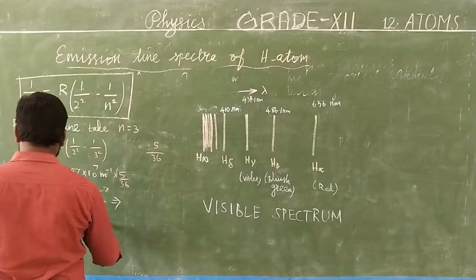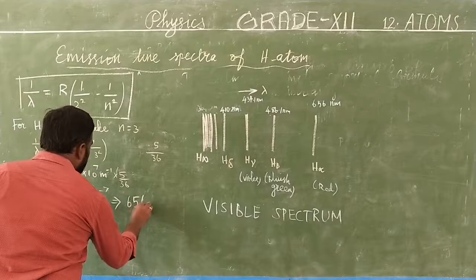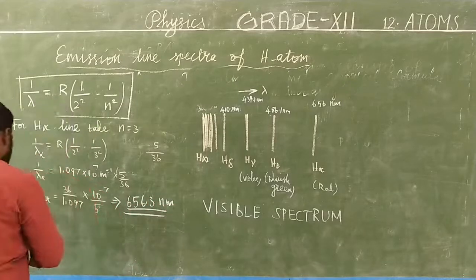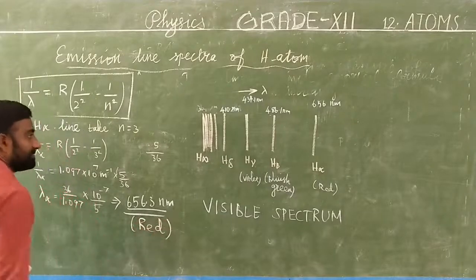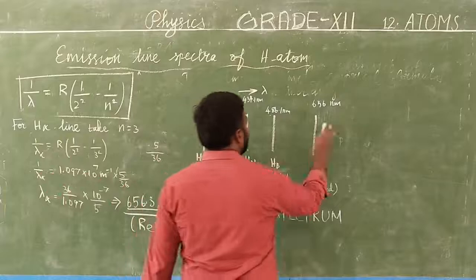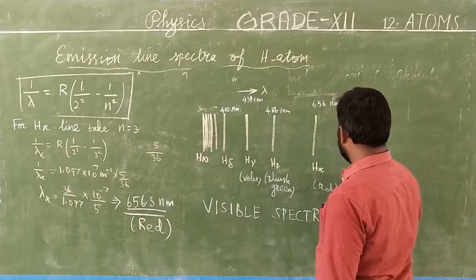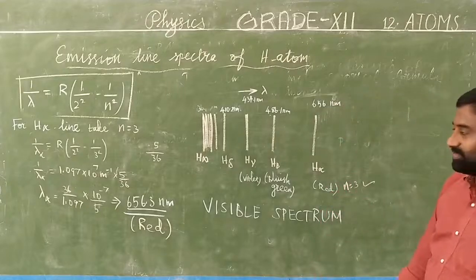After simplification, the final value is 656.3 nanometer. This comes under red light, the red line. So this is for n is equal to 3, and the wavelength also comes.